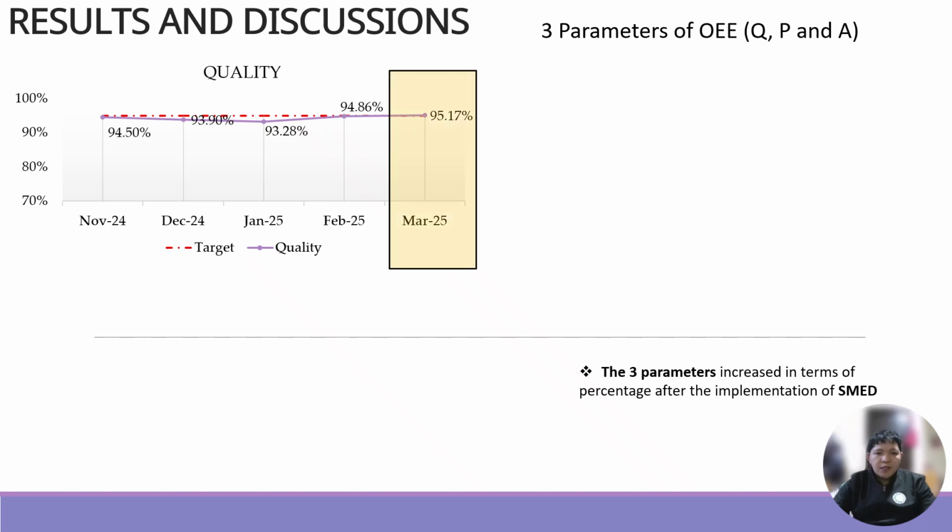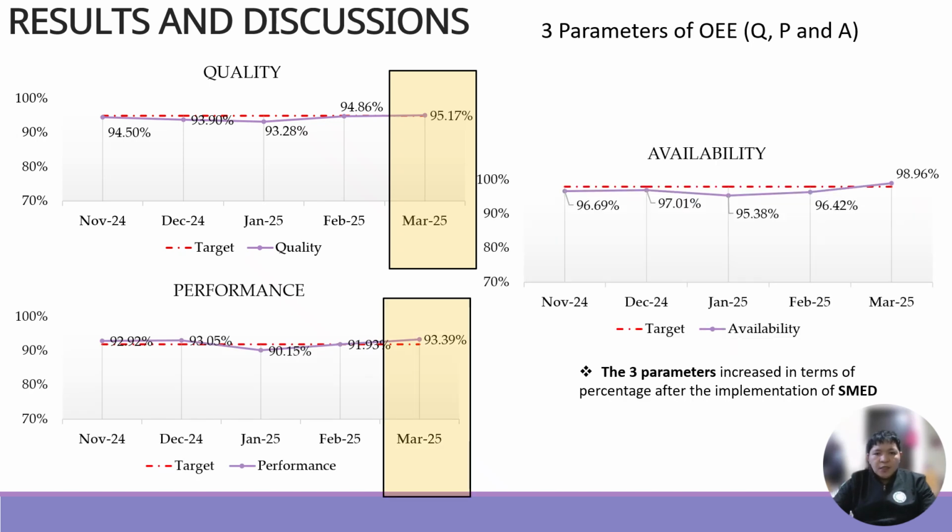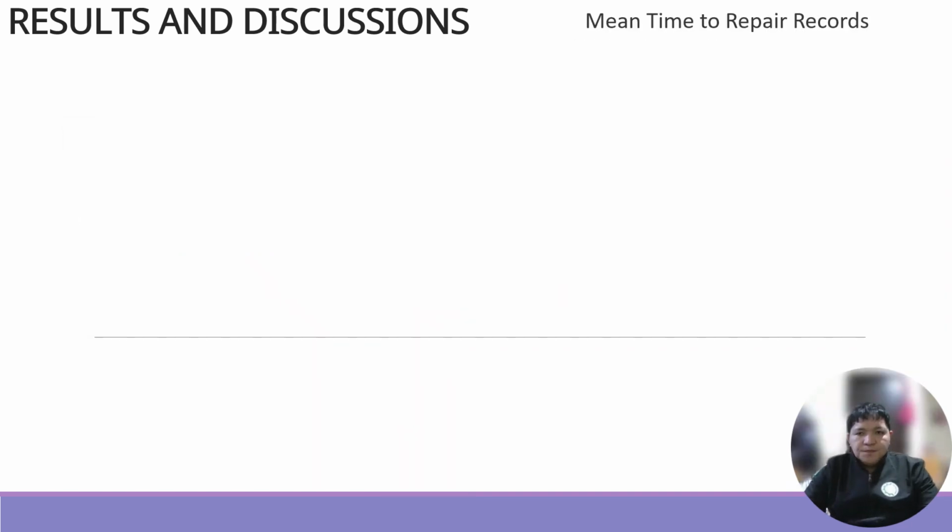At first, the quality increased up to 95.17% after the application of SMED. Also the performance increased up to 93.39%. And the significant item that we are focusing on is the availability, which increased to 98.96%, the highest from the month of November going to the month of March. So these three parameters increased after the implementation.